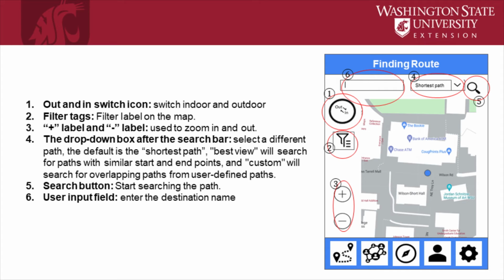We also provide different path tabs, such as shortest path and the best view path. If there is no such path, the map interface will not have any change. The user could input any place, even just a couple of words or abbreviations.